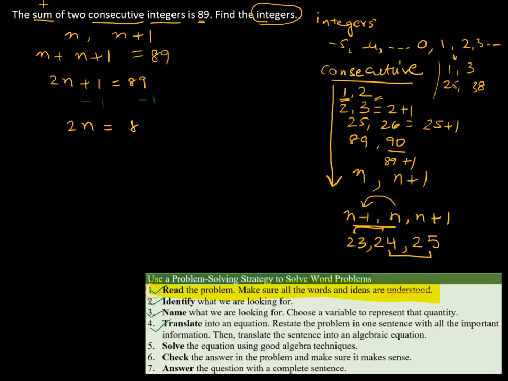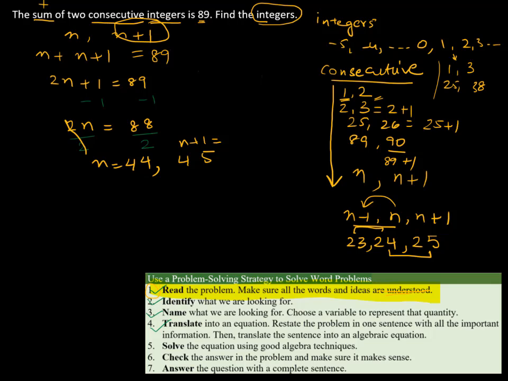So 2n equals 88. The next step is to use the multiplication principle. To get n by itself, let's divide both sides by 2. So we get n equals 44. If one of the numbers is 44 and the second number is n plus 1, the second number would be 45. So we have two numbers, 44 and 45. That's what we think the answers should be.